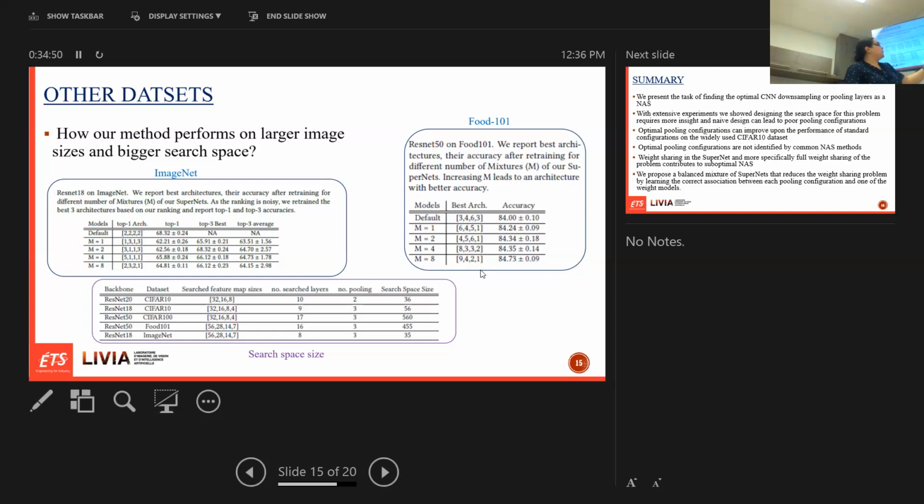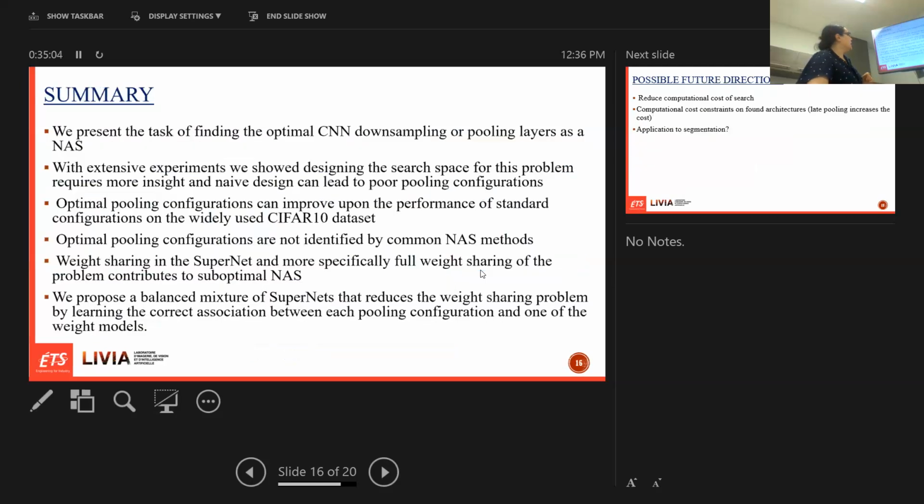Here for the ImageNet and Food 101, we had larger search space sizes compared to the CIFAR. So basically what we did is we presented the task of finding the optimal CNN downsampling or pooling layers, which is a problem that has often been overlooked.